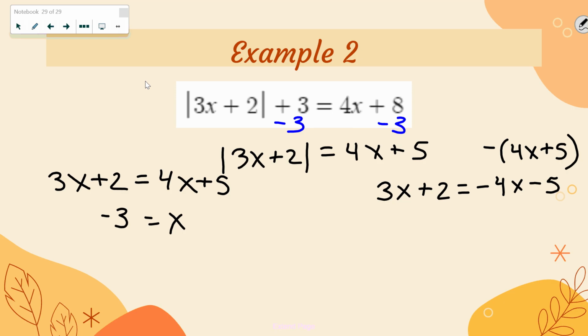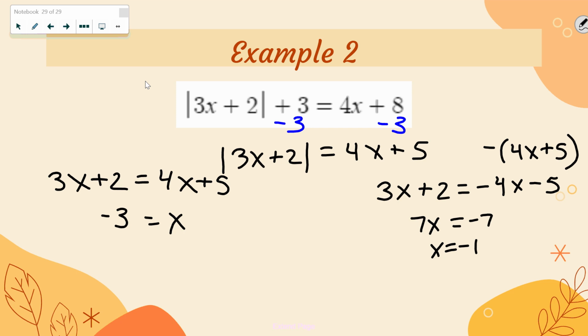And now take a minute to keep solving for x here on your own. Alright, so you should find x equals -1.